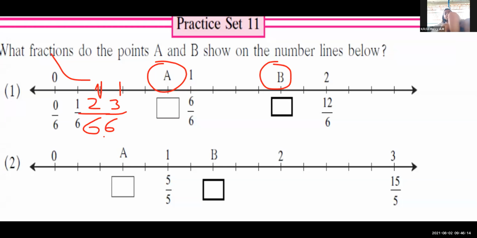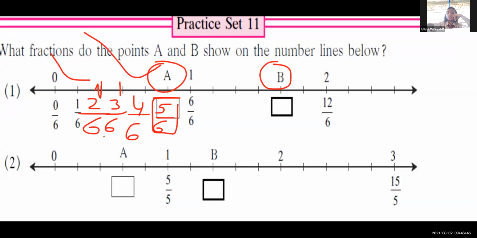After 3 upon 6, next line is showing. Very nice. Students are giving me the proper answer, that is 4 upon 6. Now this empty box, what should I write? Very good. 5 upon 6. So A क्या indicate कर रहा है हमको? A is indicating 5 upon 6.